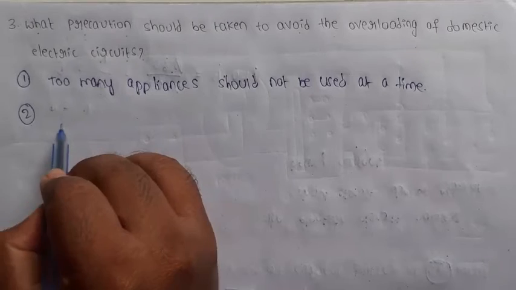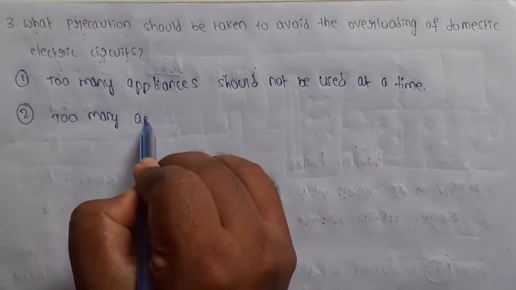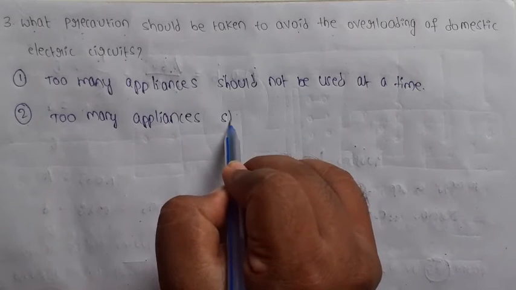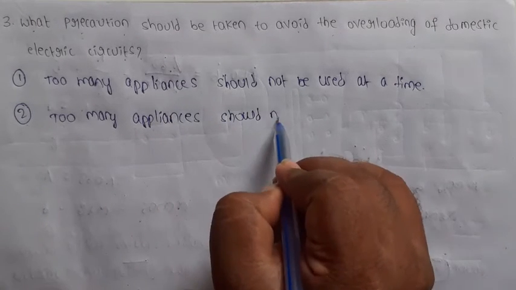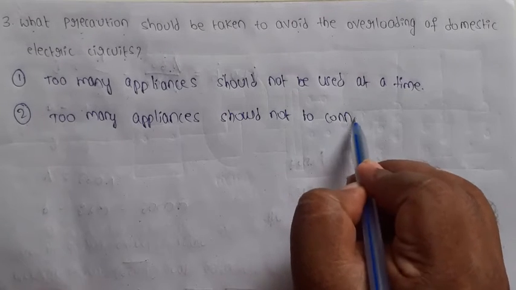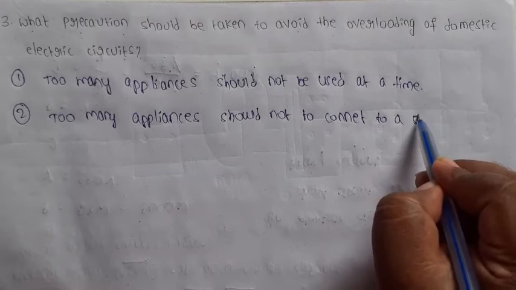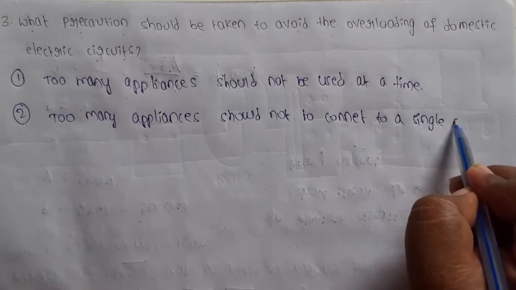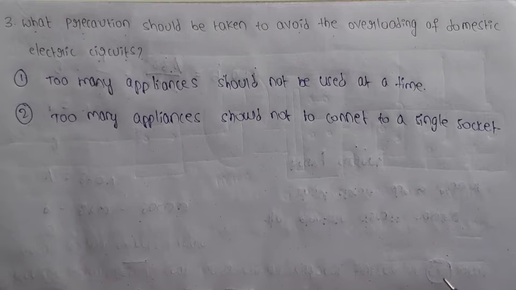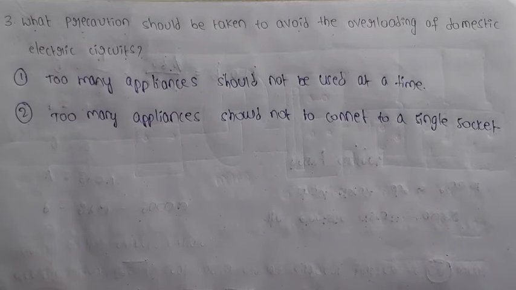Second one is too many appliances should not be connected to a single socket.